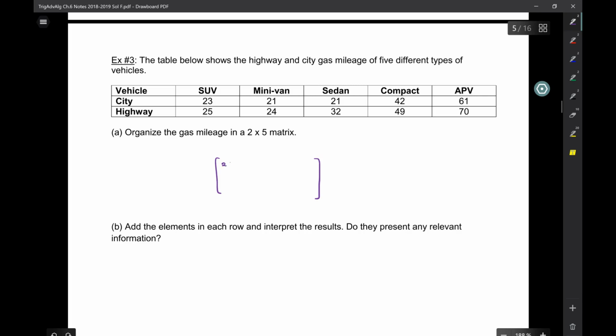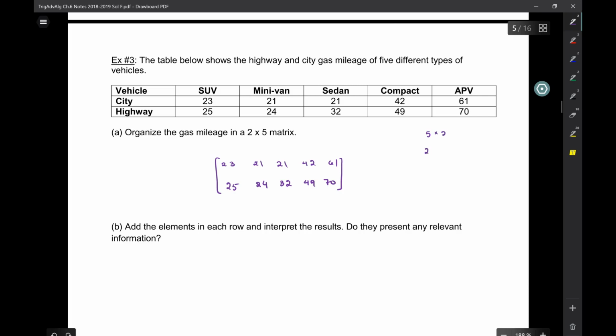That means it's going to look like this, and you're going to arrange your information in here. So 23, 21, 21, 42, 61, 25, 24, 32, 49, 70. If it had said 5 by 2, then you would have had to flip it over. 5 by 2 would be this way.